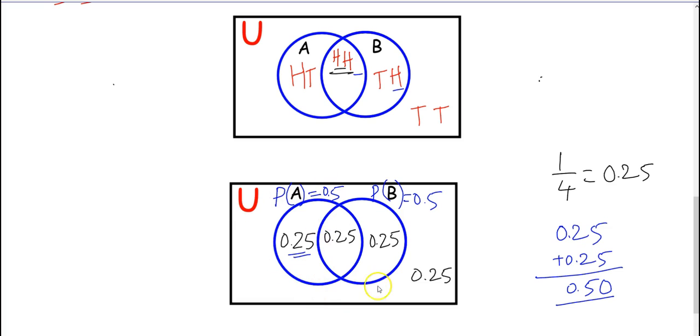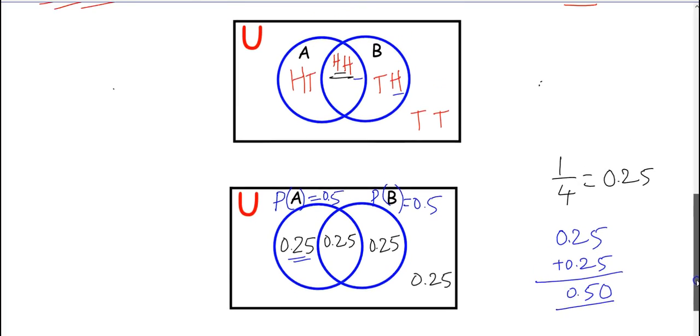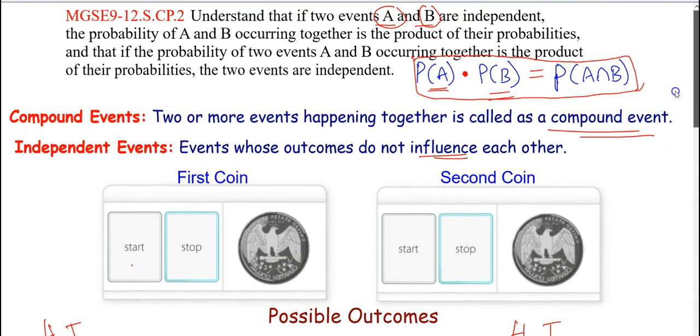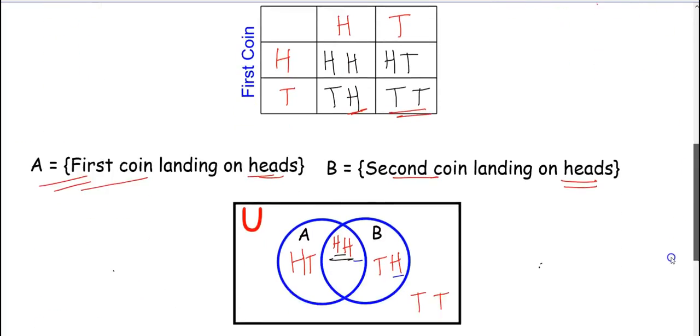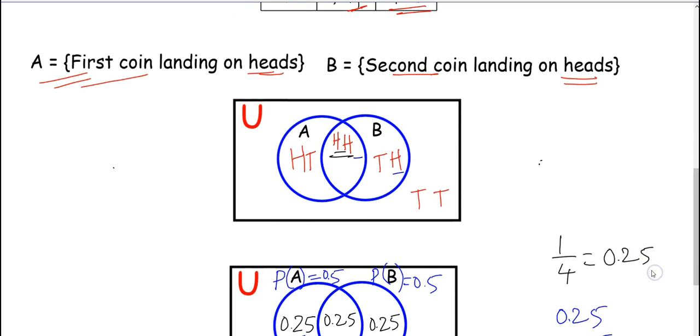Now this information, let us put it in that formula which we started at the beginning of this video, that we were talking about independent events. So we are verifying about those two events A and B, whether they are independent or not.